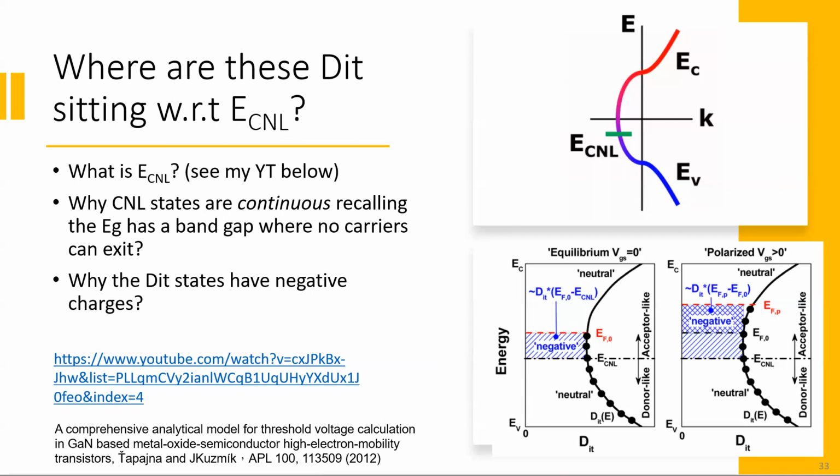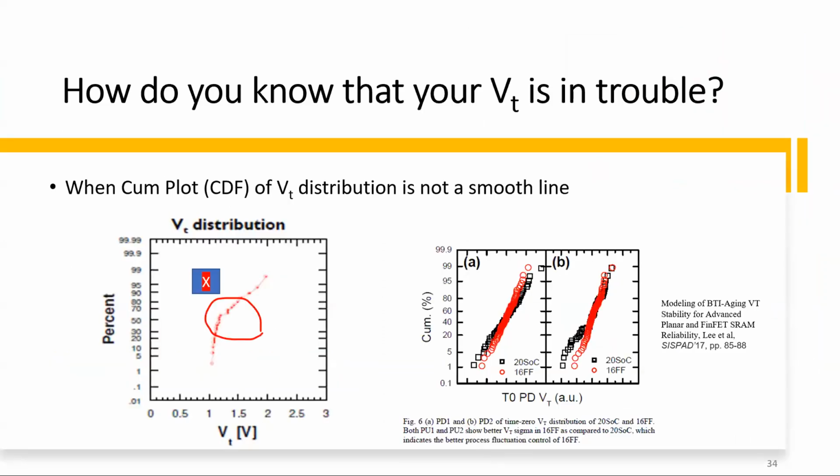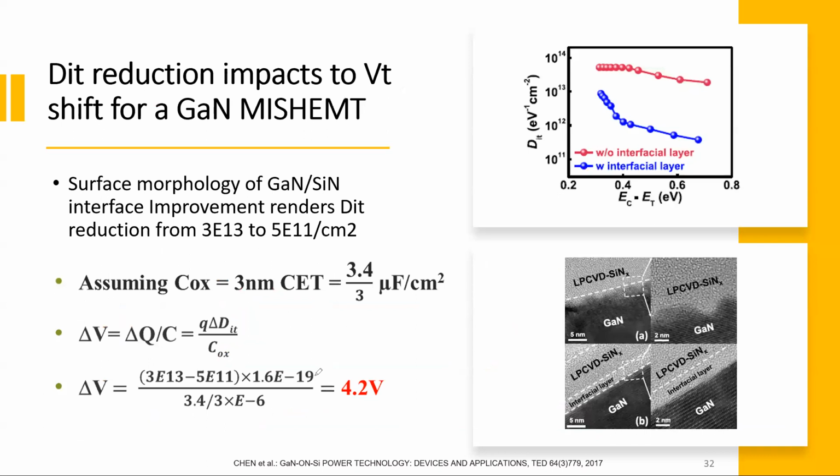Okay. Now, the important thing is the interface state not just kills your mobility, but also shifts your VT to a place you don't want. Initially, I want to go to enhancement mode, and it's 1.2 volts, right? You did it. But if the defect is bad, you could have a change of 4.2 volts, which brings you back, or makes it worse, more positive or negative.